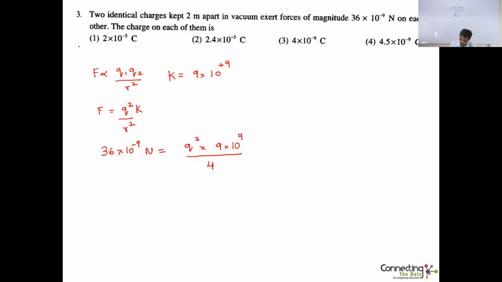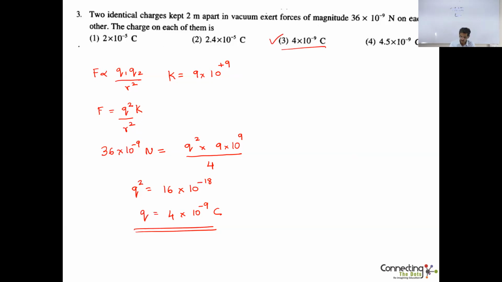So you can see that with a little bit of simplification, you get Q square is equal to 16 into 10 to the power of minus 18. So Q is equal to, and so the answer is option 3.